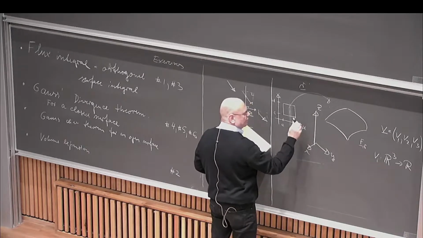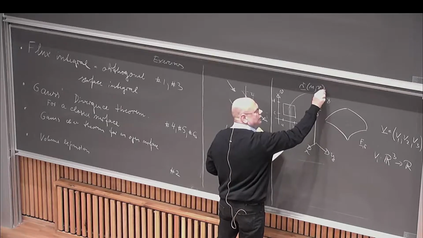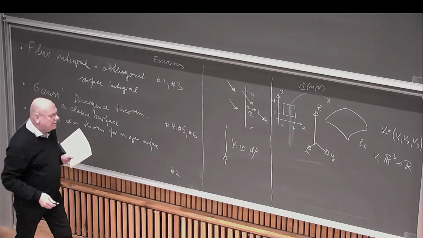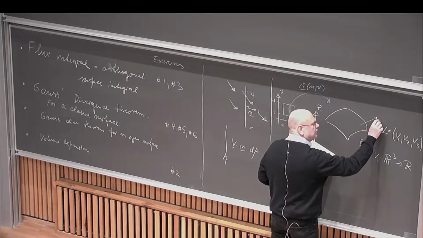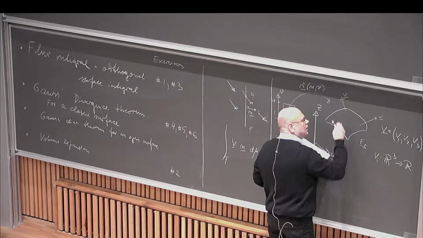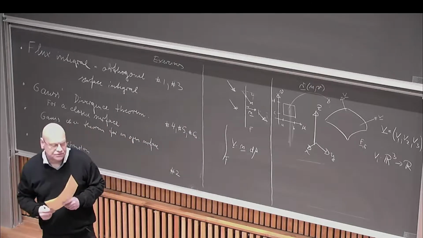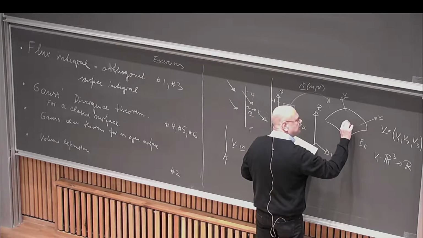I have the parameters u and v. So this is given. So you have your vector field. I can draw a couple of vectors here. But also you have an orientation of your surface, and that is you have a normal vector.